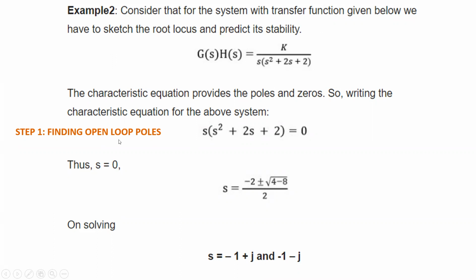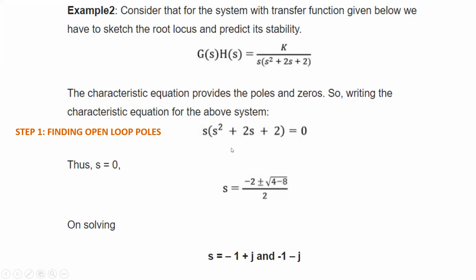So what does step 1 suggest? Step 1 suggests that the number of branches of root locus is the number of poles the open loop transfer function has. If we see the order of the denominator polynomial of the open loop transfer function equation, the highest power is s power 3.